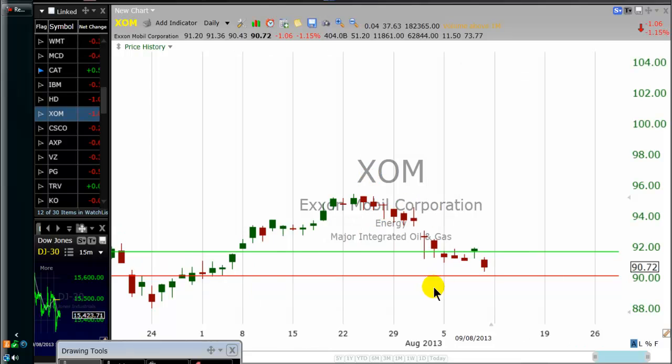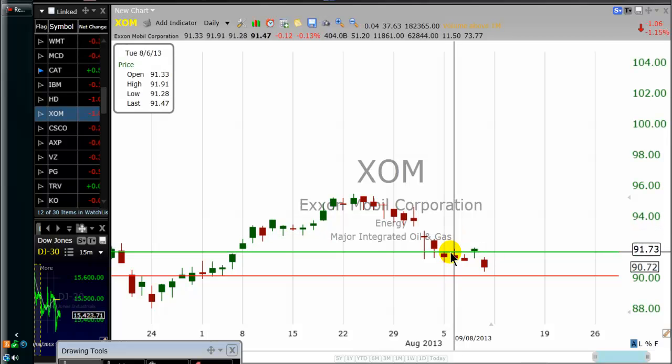My apology to traders, I've said something that I shouldn't have. The green line is the short-term equilibrium price level at 91.76. I'm getting tired now. The short-term equilibrium price level for ExxonMobil is 91.76.